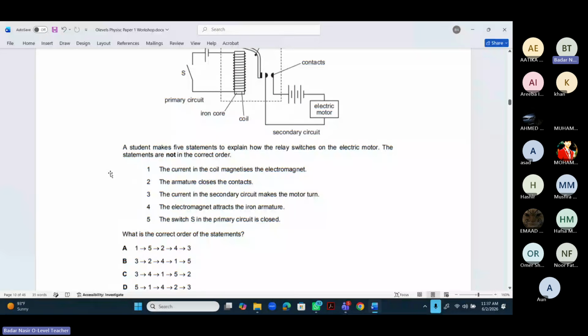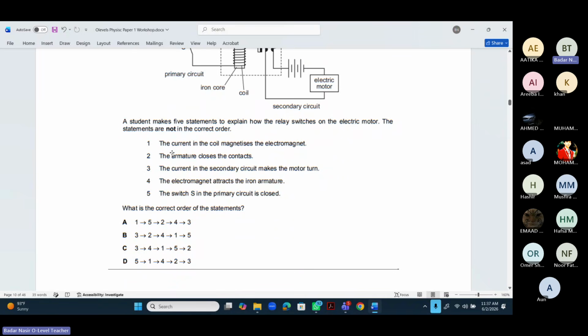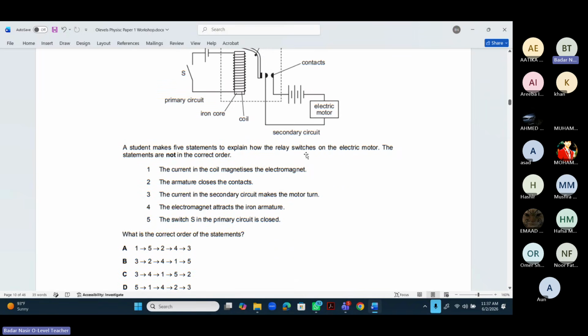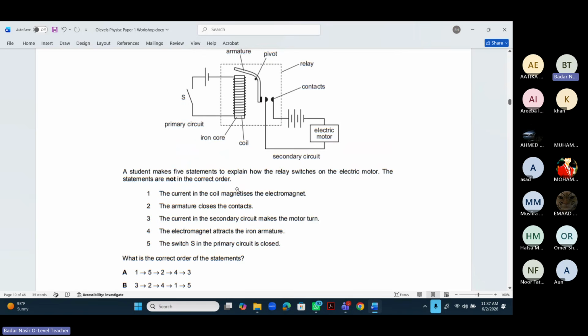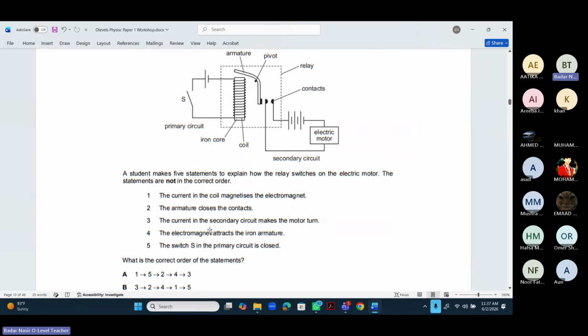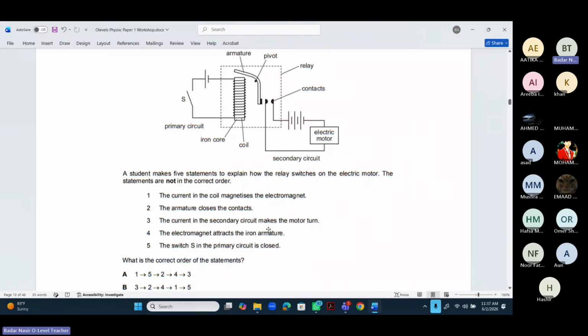Okay. So सबसे पहले हमारे पास: the current in the coil magnetizes the electromagnet. The armature closes the contacts. The current in the secondary circuit makes the motor turn. So ये primary circuit है. The electromagnet attracts the iron armature. The switch S in the primary circuit is closed.